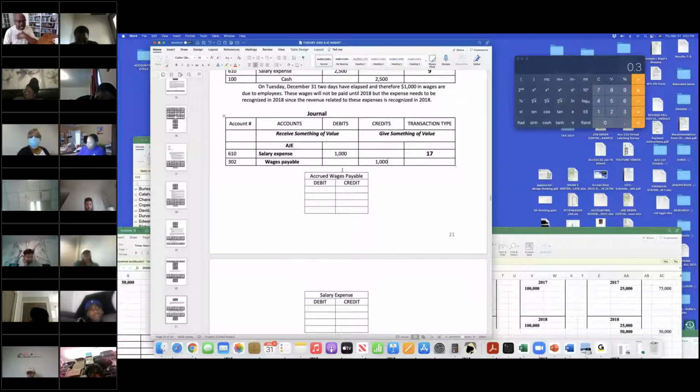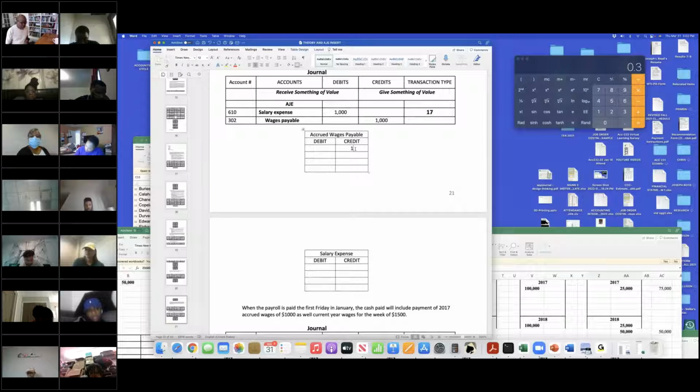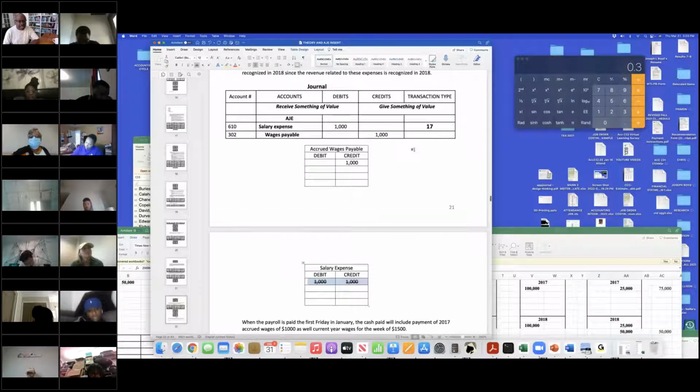Now, when we get ready to pay the wages the next year, we got these accrued wages that we put on the books. We pay the salary for 2017, and we closed out the salary expense account. But for the accrued wages, we're going to pay that later.